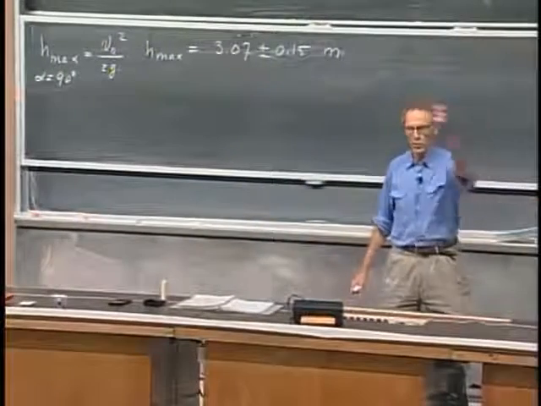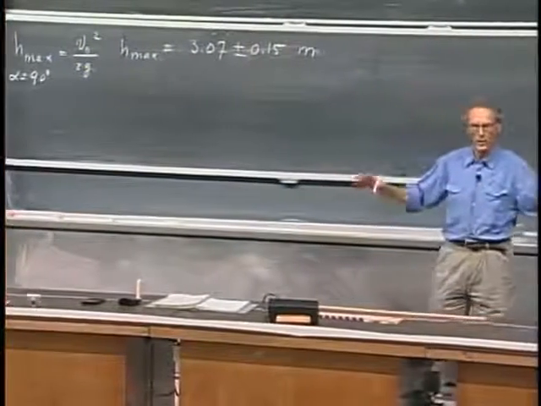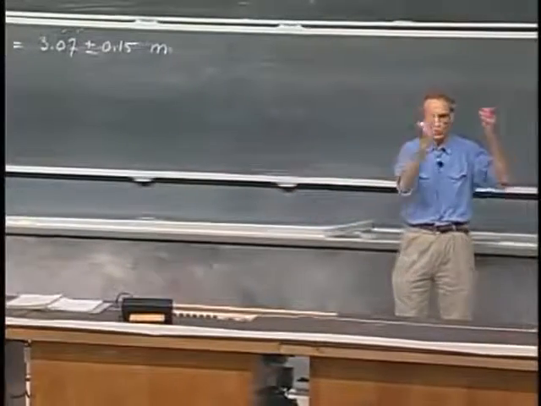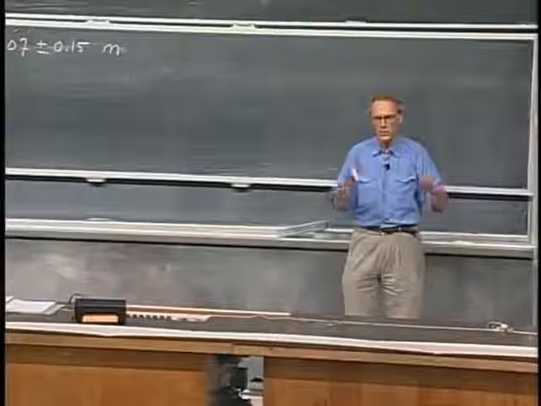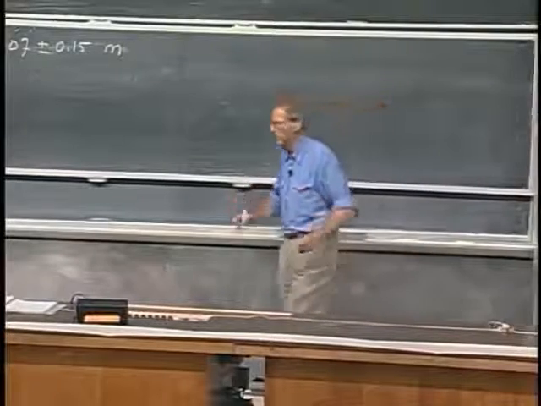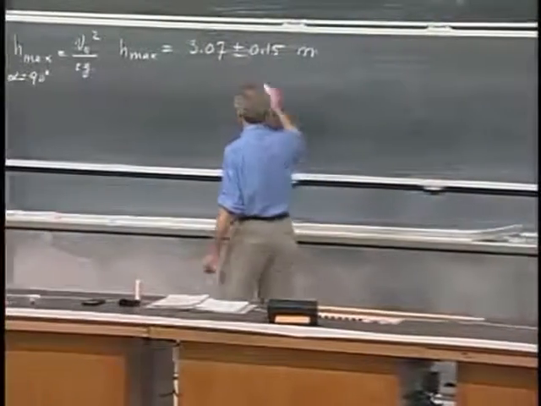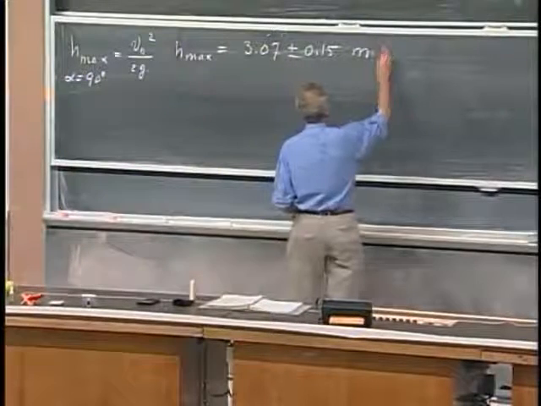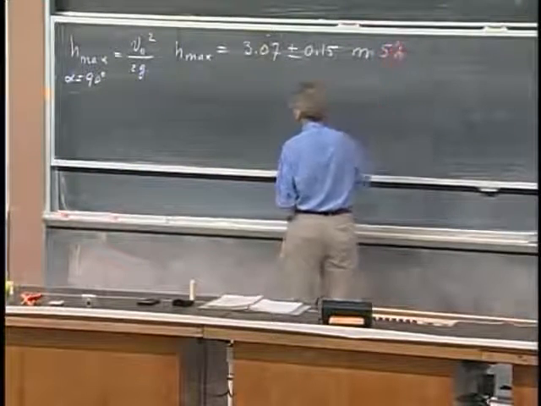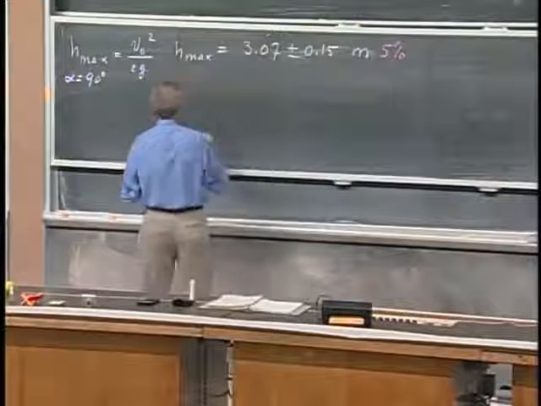Remember, once we start shooting at 30 degrees, there's no way that we can evaluate the velocity anymore. We have to just take this value at face value. This is the way we've measured v0, and that's it. This is a 5% error. 5%. So what now is v0 squared?